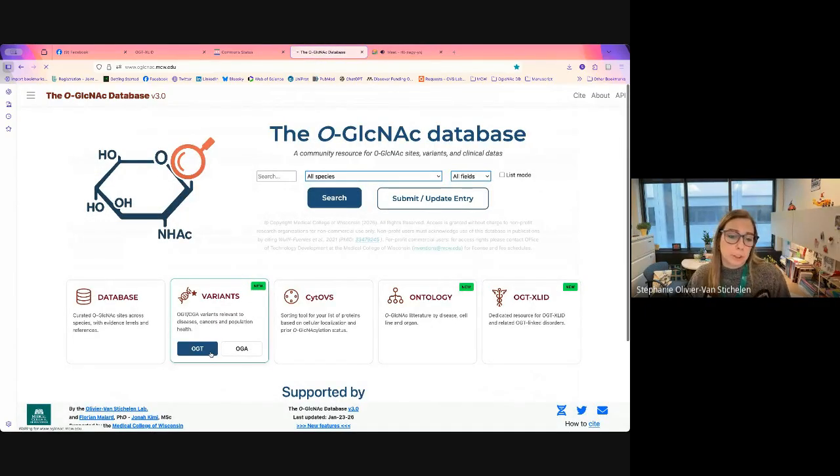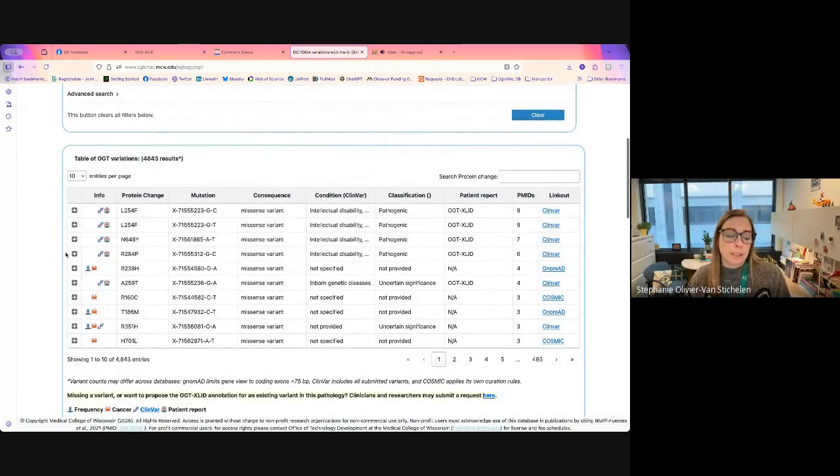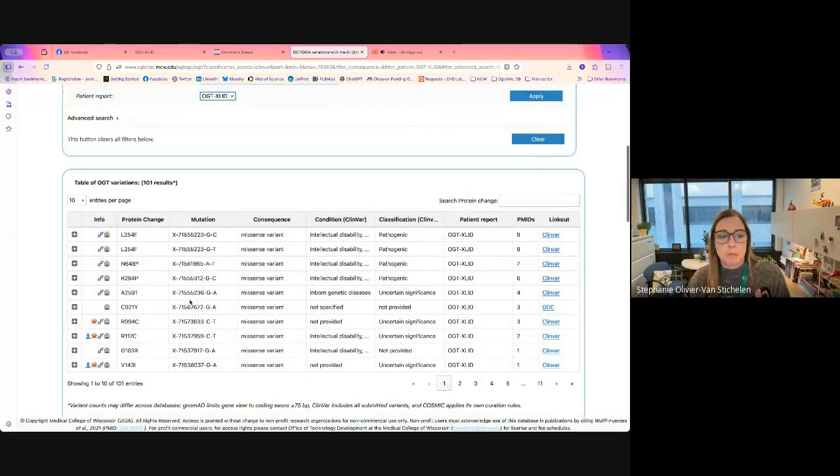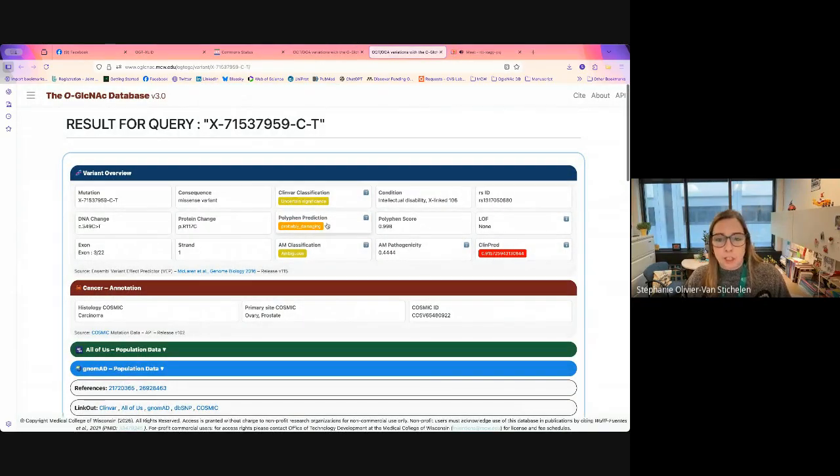On the research side, what we have for each variant, and there's more than just the OGT-XLID variants on this, is severity of mutation, which doesn't always correlate with severity of clinical presentation, but you'll get whether this is a damaging mutation, like is it going to change the protein in a really dramatic way? That kind of information is represented here, but it doesn't necessarily correlate with the severity of the patient's symptoms. Gotcha.